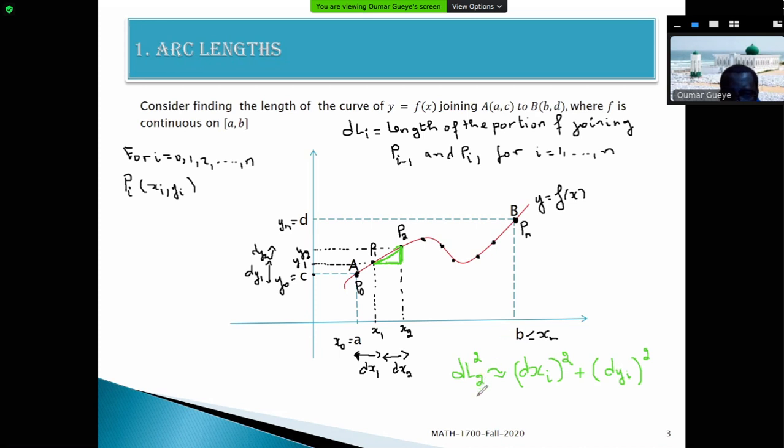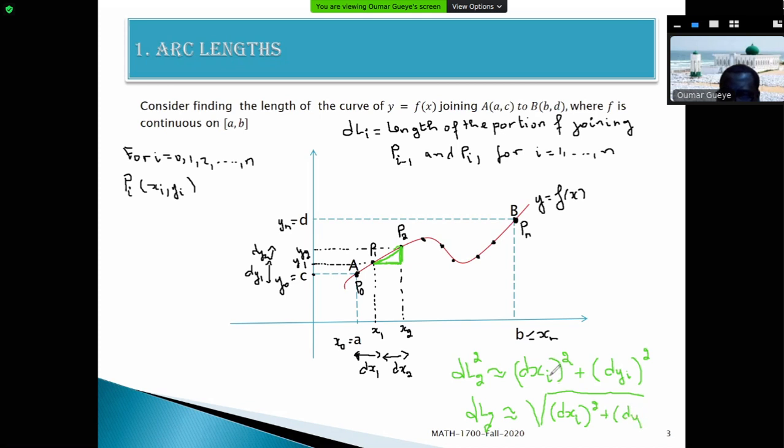So when you want to calculate dl2, it is going to be approximately equal to the square root of dxi squared, because this is the square of the hypotenuse, plus the square of dyi.